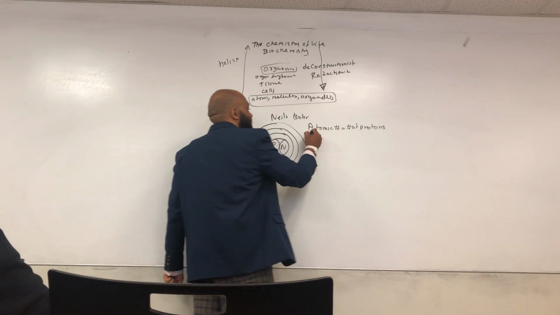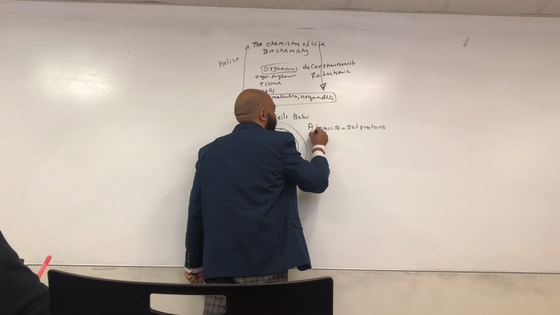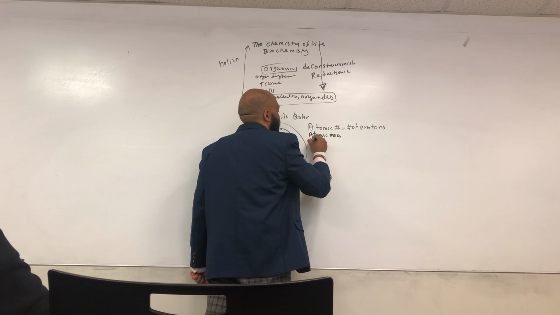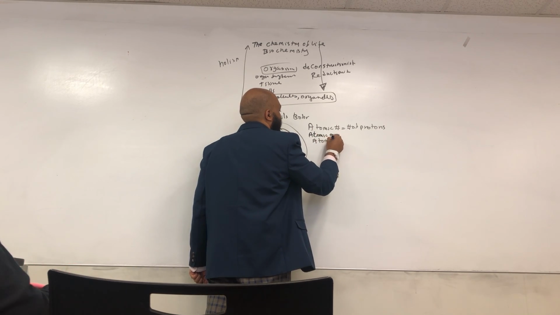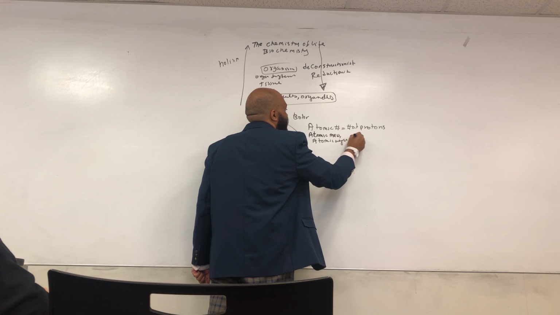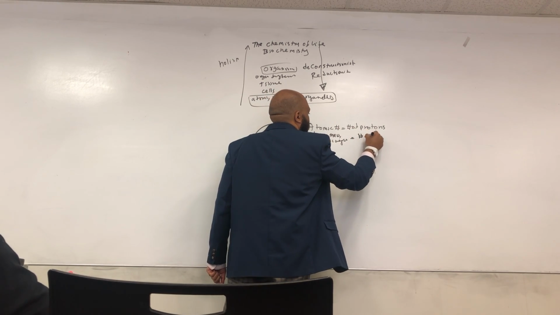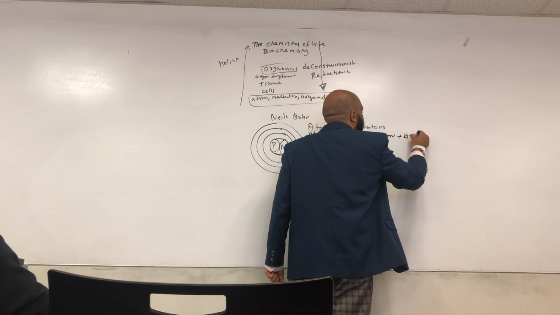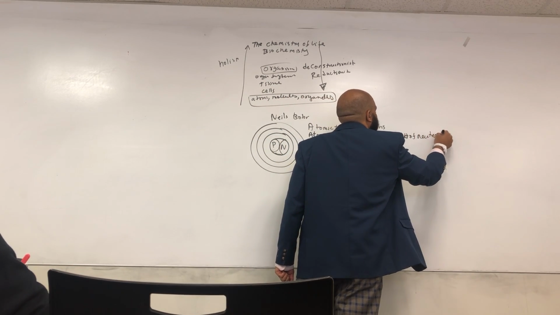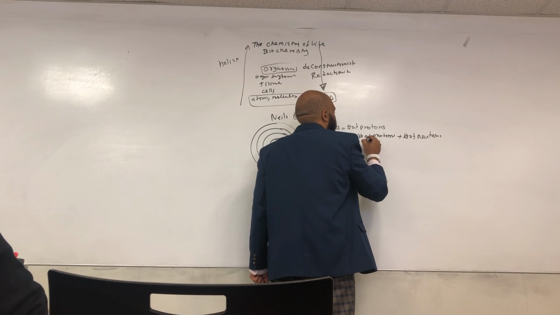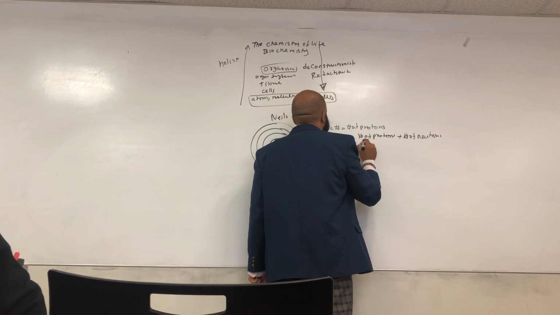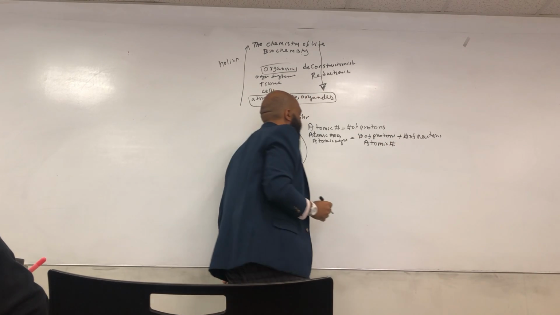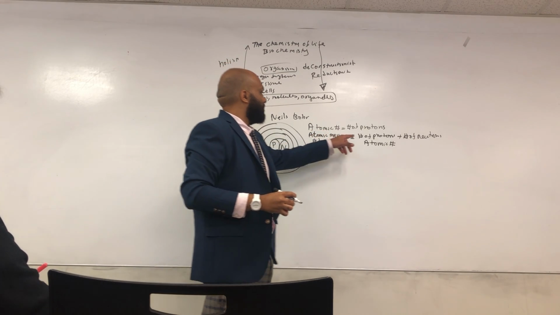Then there is the atomic mass or atomic weight, and that is the number of protons plus the number of neutrons, added together. The atomic number is the same thing as the number of protons.